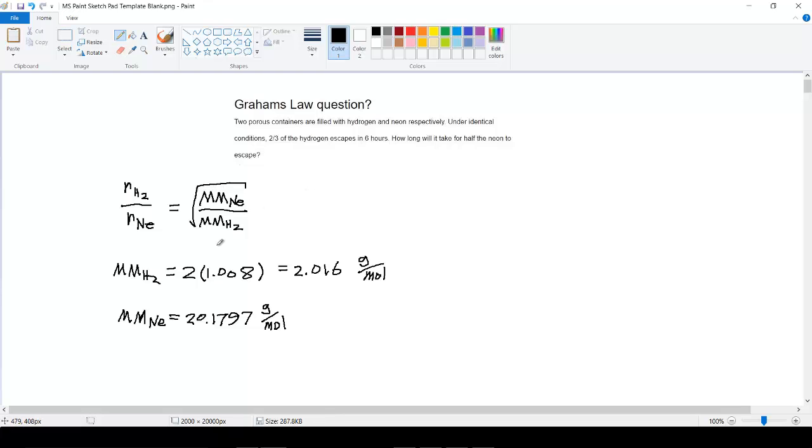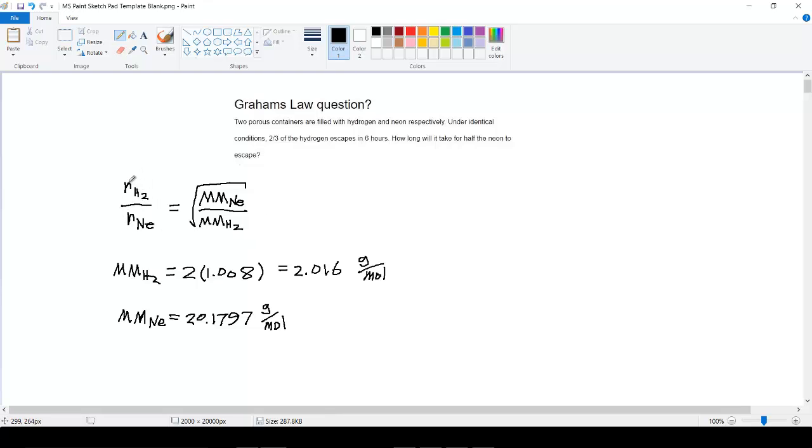Now, I'm going to start by working out what this square root is. Well, actually, no, let's skip that step, and I'll do that later. We'll figure out the square root later, but basically it would be this 20 divided by 2 under a square root. We'll get to that. Let's look at what these rates are.